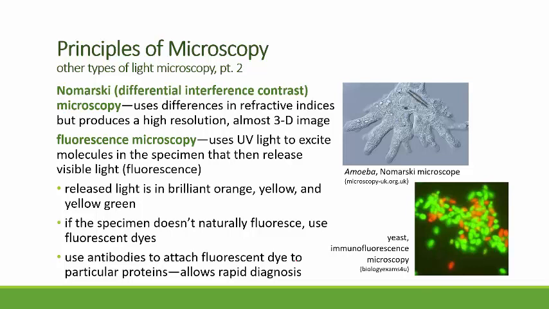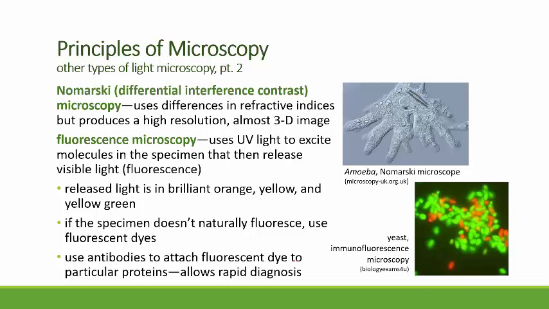And if the specimen doesn't naturally fluoresce, then you can use fluorescent dyes. So stain it with a fluorescent dye to accentuate the parts that you want to look at, and then use the fluorescent light. And we can even use antibodies, which we'll talk about in this class toward the very end of the class, but these are specialized proteins that can bind to very specific proteins.